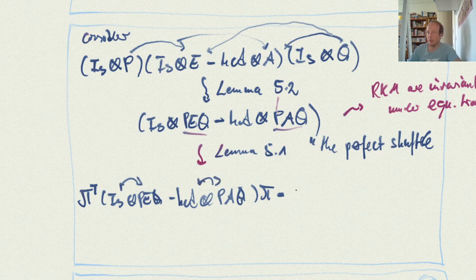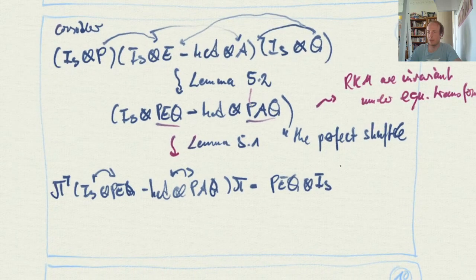That is PEQ times the I_s minus PAQ times the I_s matrix.